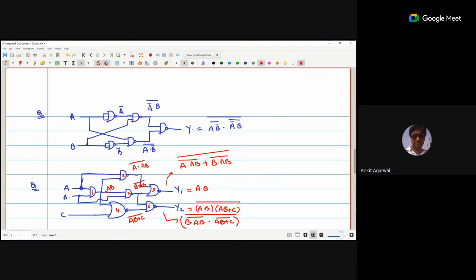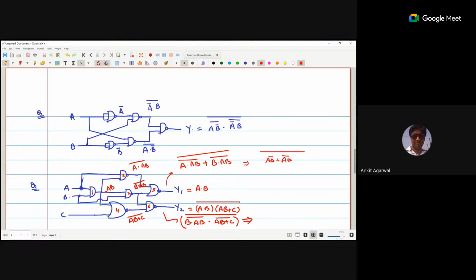Is it clear? Any doubt in this? No, sir. Okay. Now if you want to simplify this one, A dot AB is AB bar plus B dot AB is again AB bar.